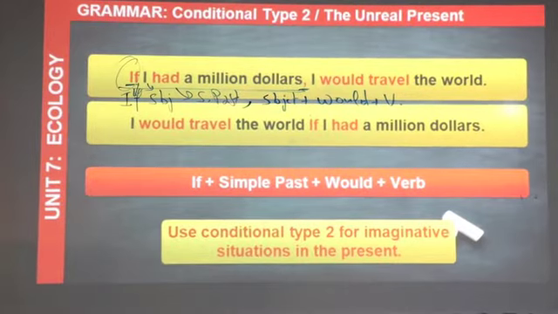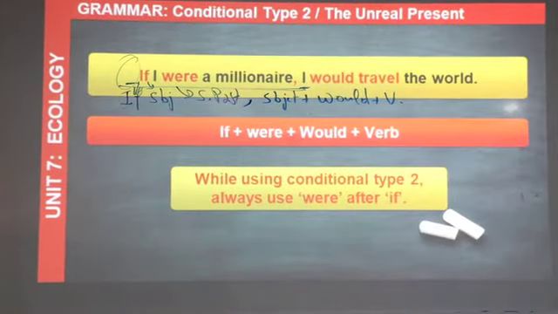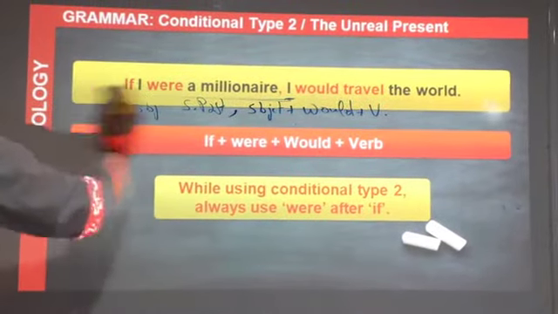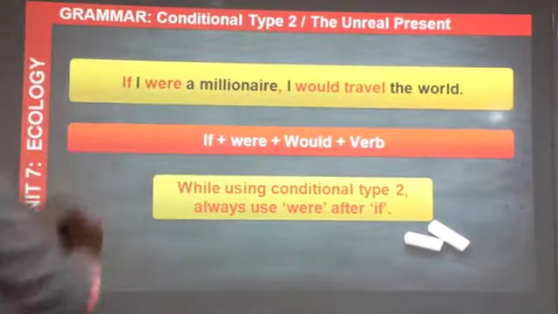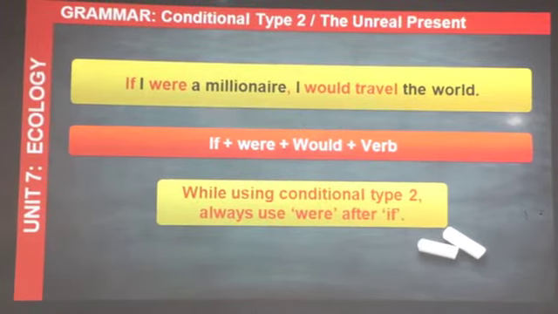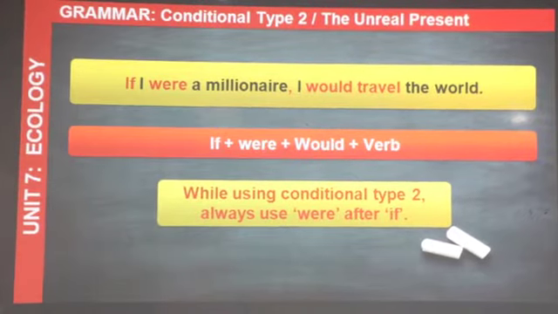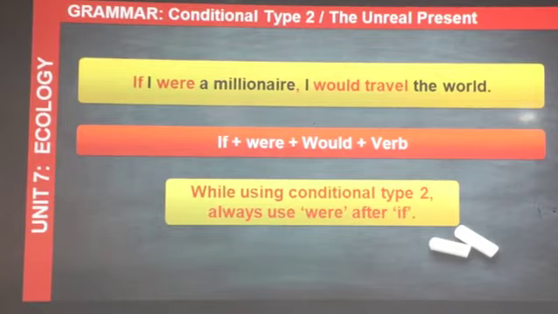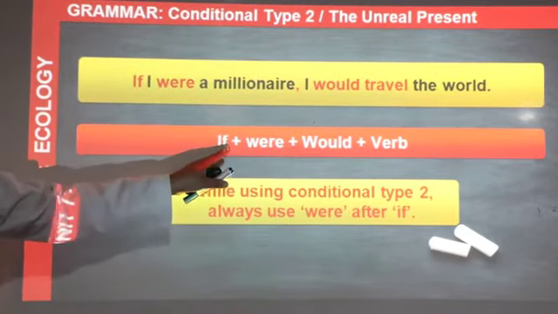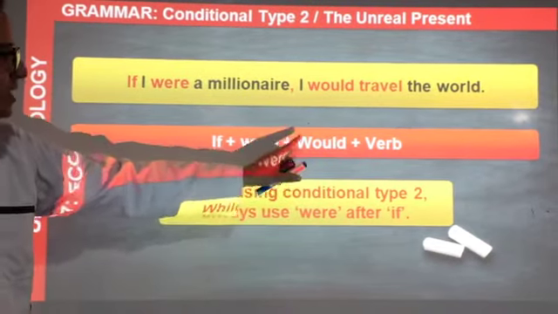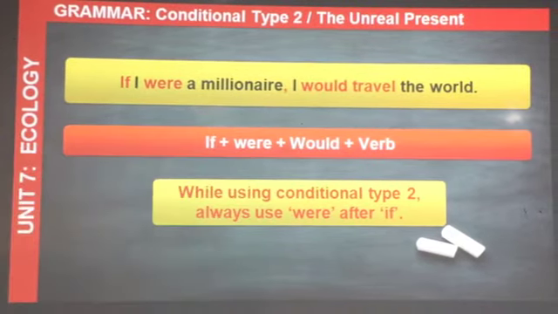All right, so let's move. Another example: if I were a millionaire, comma, I would travel the world. But thank God, I'm not a millionaire. I would just stay home. So if plus simple past of the given verb, plus subject plus would plus verb.